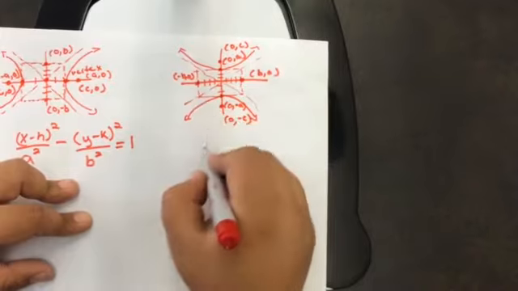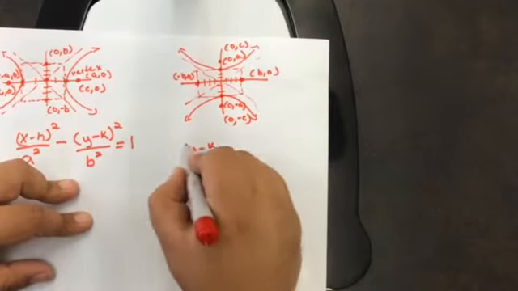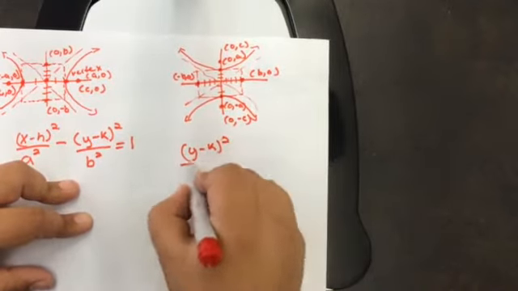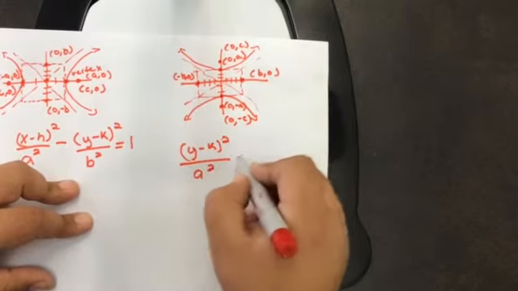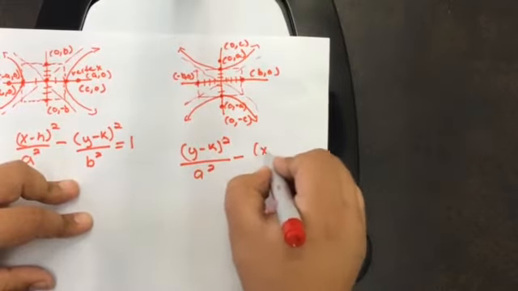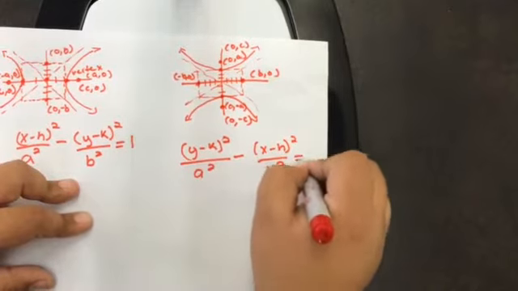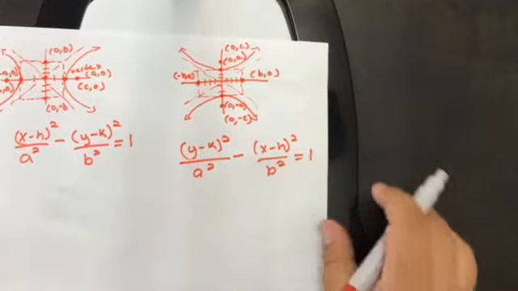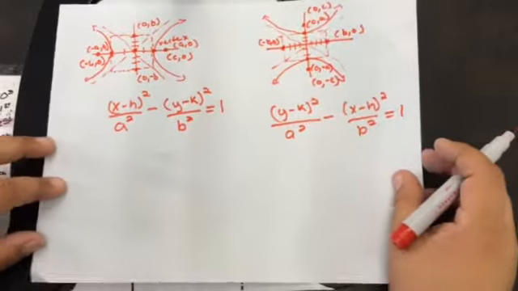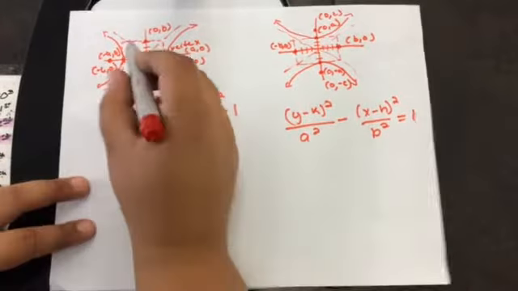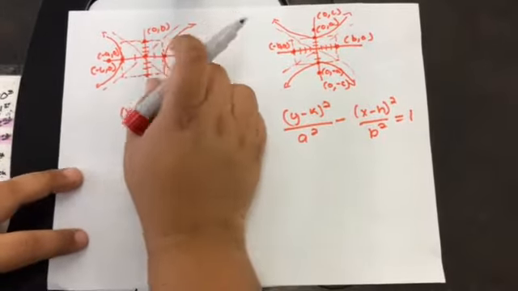And the standard equation is (y - k) squared over a squared minus (x - h) squared over b squared equals 1. So to write the equation of a hyperbola, let's take this graph.